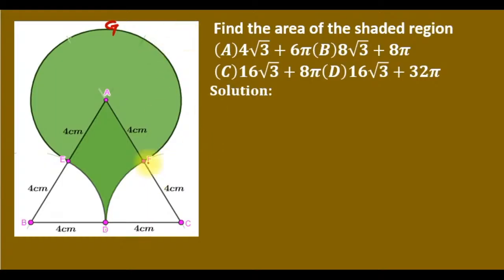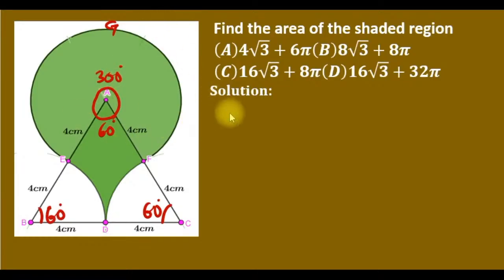We see that this length is 8, so it's an equilateral triangle, making each interior angle 60 degrees. And since this is 60, the angle of the major sector is 300, that's 360 minus 60.